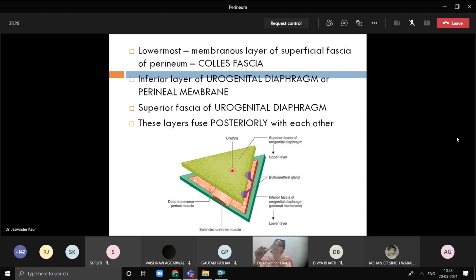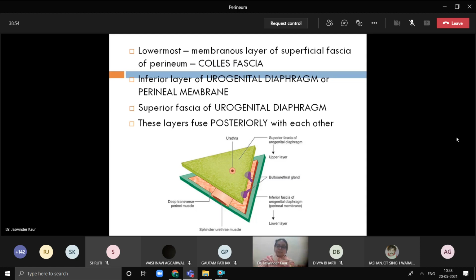This is the superior layer, this is the inferior layer. The inferior layer of the urogenital diaphragm is known as the perineal membrane, and the superior is the superior layer of the urogenital diaphragm.